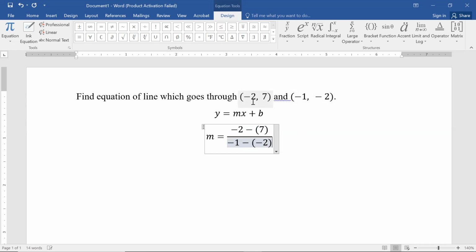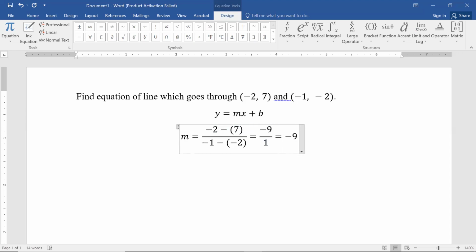Now be very careful when you do this, because we are subtracting a negative. That's one of the things you have to be really careful on when you use the slope formula. -2 minus 7 is -9. -1 minus a -2, that's like -1 plus 2, which is +1.